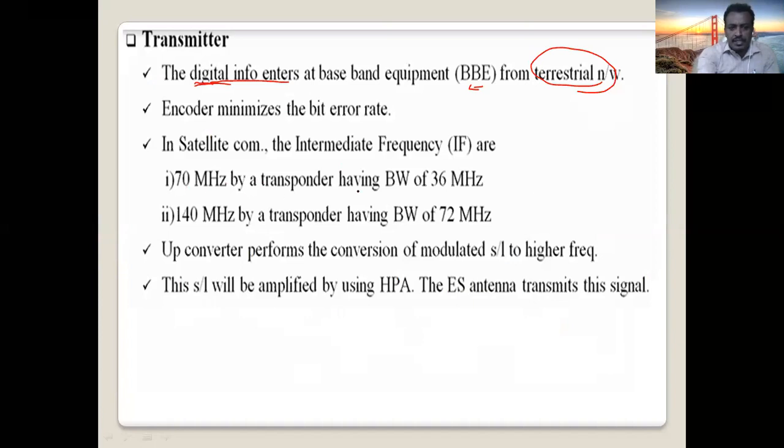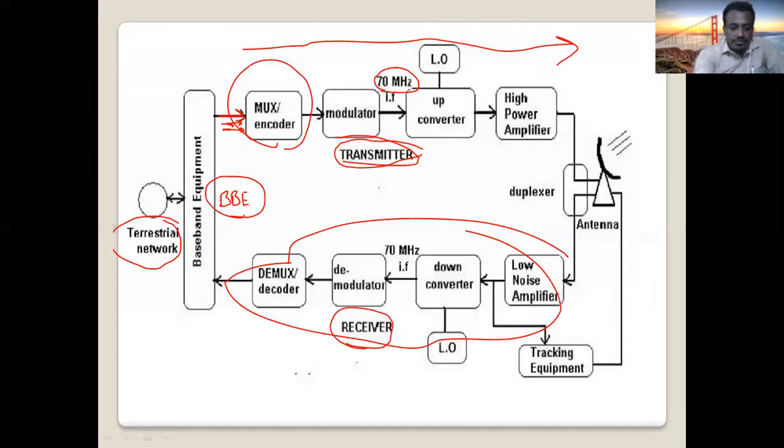If the satellite transponder is 36 megahertz, the IF is 70 megahertz, in most cases. But in some satellites, some transponders that we discussed in the space segment have bandwidths of 72. In this case, the carrier frequency will be 140 megahertz, but mostly it's 70 megahertz IF.